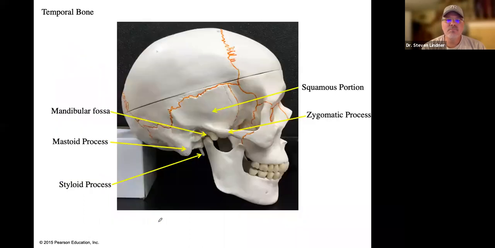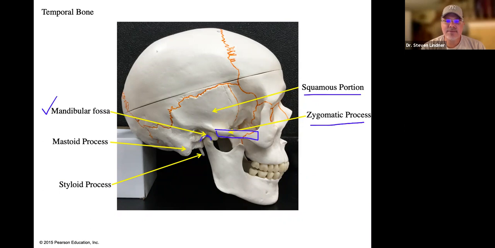When we look on the skull, here we're still looking at all the different structures off of the temporal bone. There's a squamous portion of the temporal bone, the zygomatic arch, which is this, and there is a mandibular fossa, that's the female end.